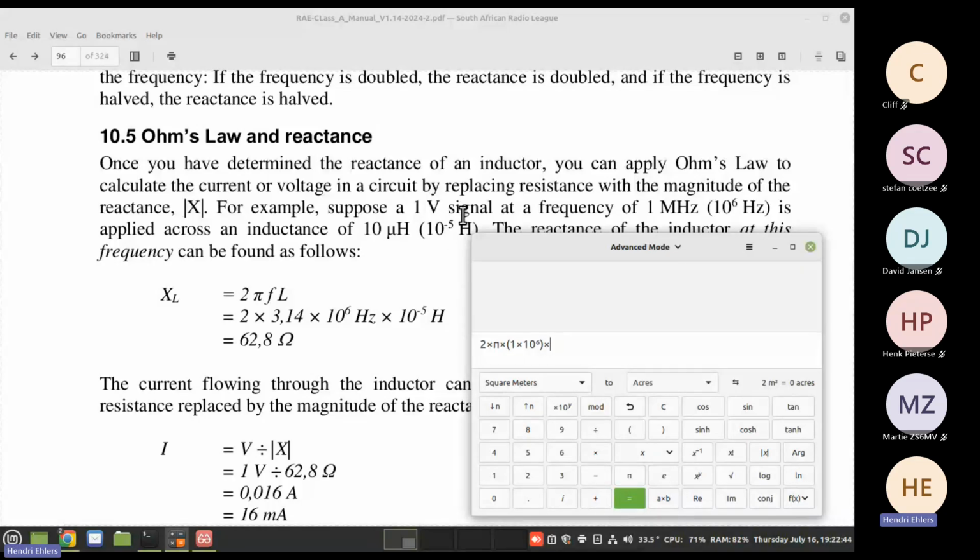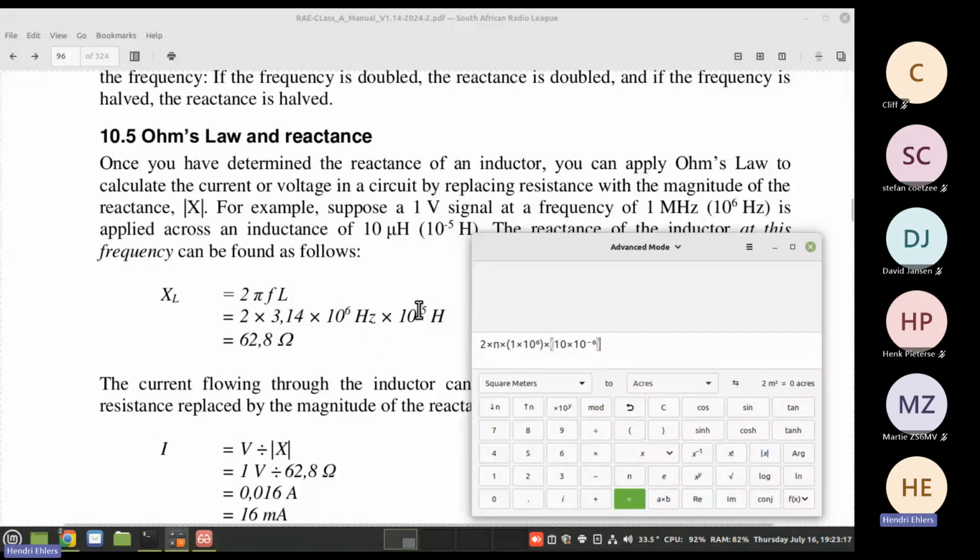My personal way, I don't do that. I enter the thing as it's written. So if it's 10 microhenry, 10 to the -6, because I just find it easier to do it in that way.